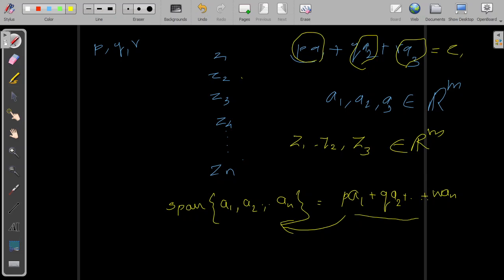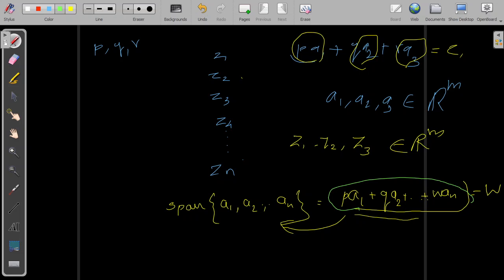Now our problem is this: given that the column space is W, I'm equating this to W. If you can write the given W in this format, then you will get some real numbers and column vectors.